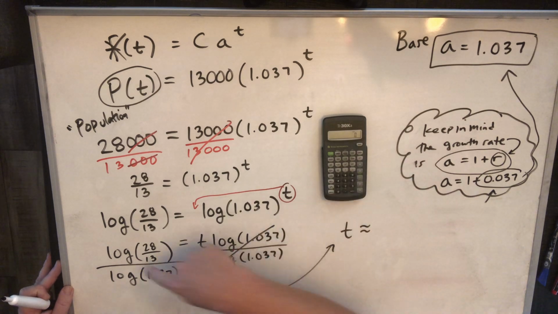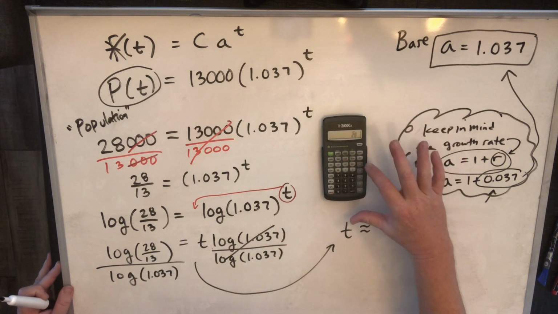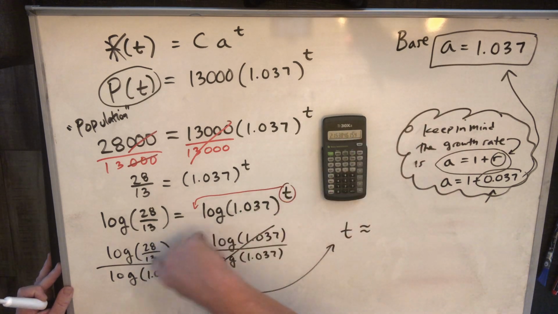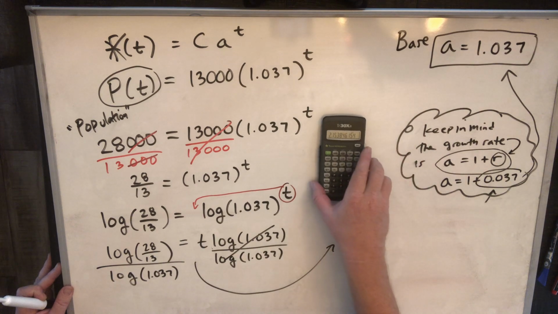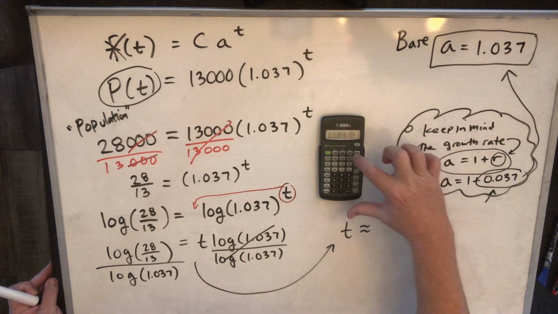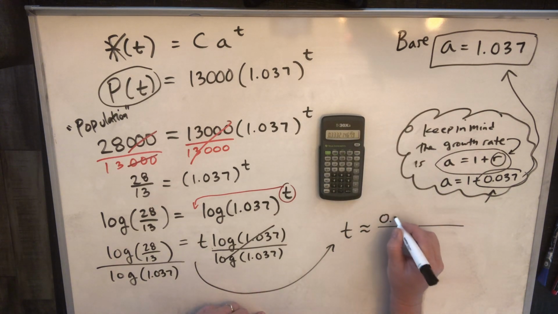So I'm going to do these separately. If you have a more sophisticated calculator, you can do it all in one stroke. So first I'm calculating 28 divided by 13. That gives me 2.15 approximately. Then I'm going to take the log of that, and so that's my numerator.